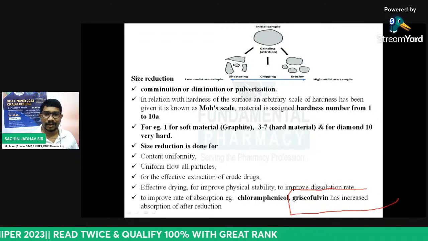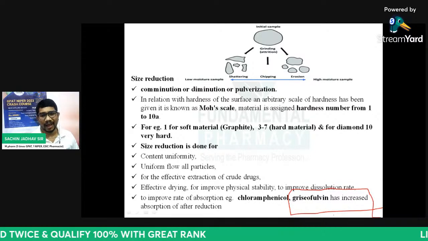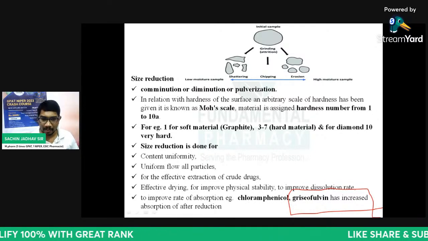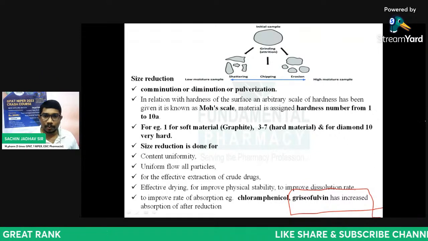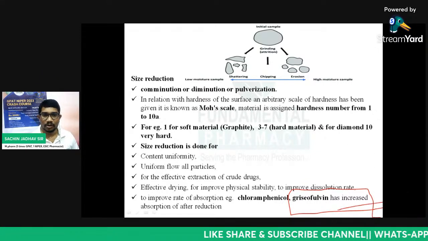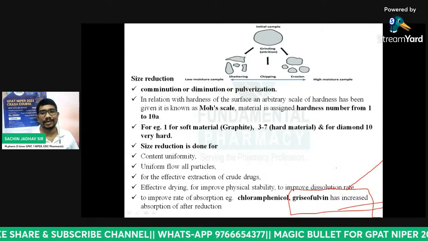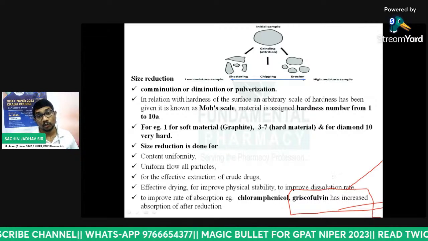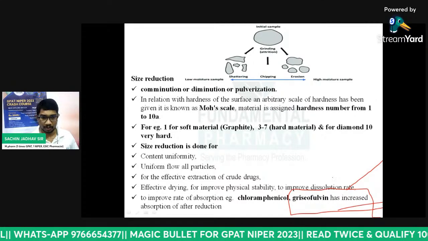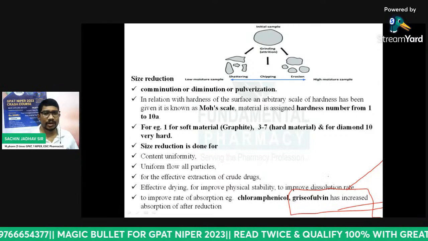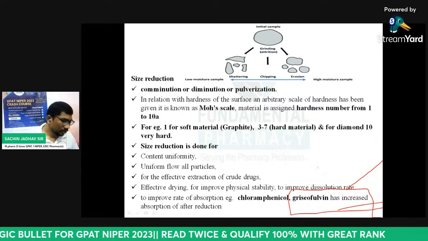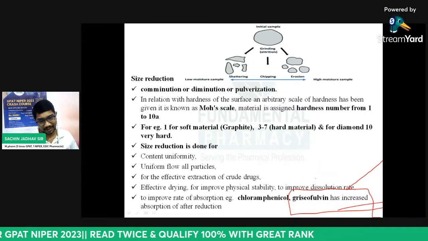To enhance the absorption, to increase the bioavailability of griseofulvin, particle size reduction is very important. So micronization of this griseofulvin has increased the absorption 5 or 10 folds more. तो griseofulvin का micronization अगर करेंगे तो उसका absorption बढ़ता है, ठीक है.